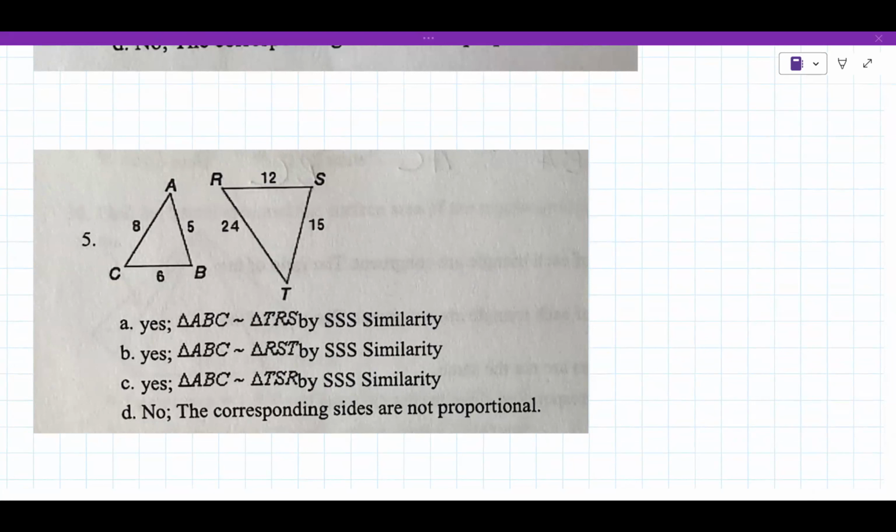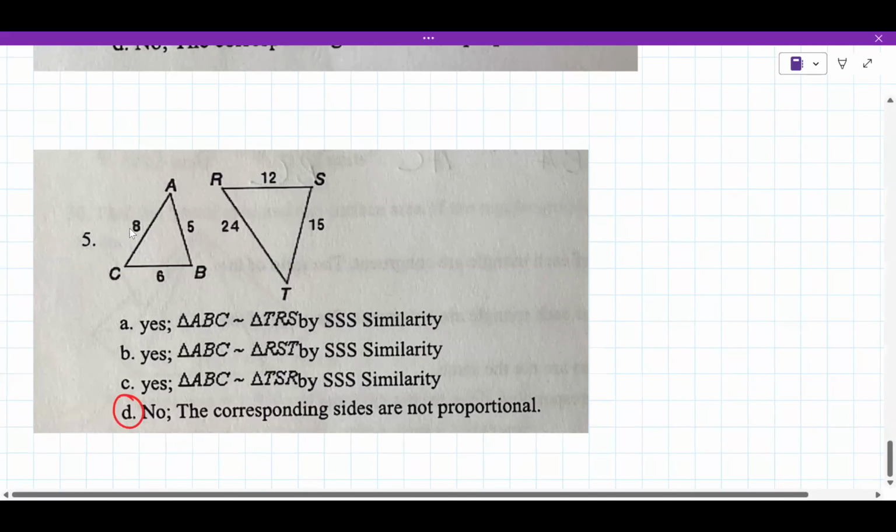First thing I would do is 8 times 3 gives me 24. 5 times 3 is 15. And 6 times 3 is 18. So they are not corresponding. They have to all work and these do not.